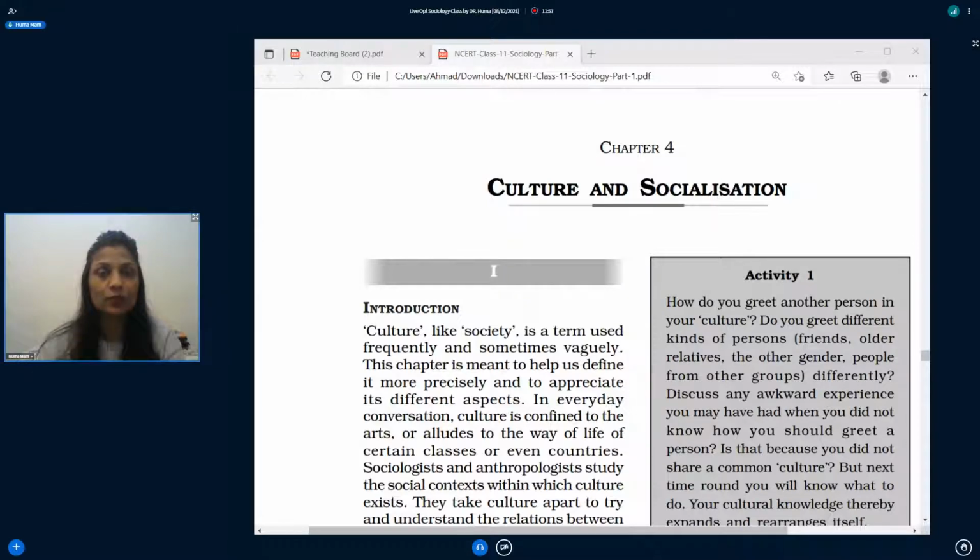Are you writing, Shibu? Yes, ma'am. Okay, write it down. Take your time. I'm giving you 5 to 6 minutes, 3 minutes for culture and 3 minutes for socialization.